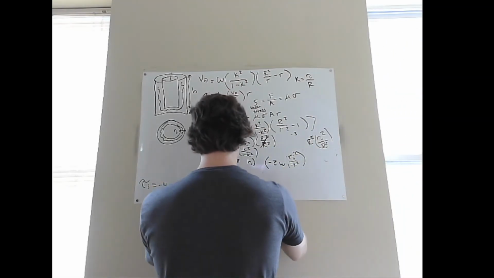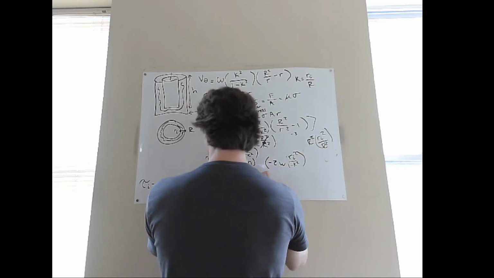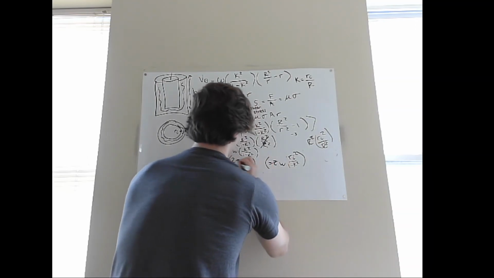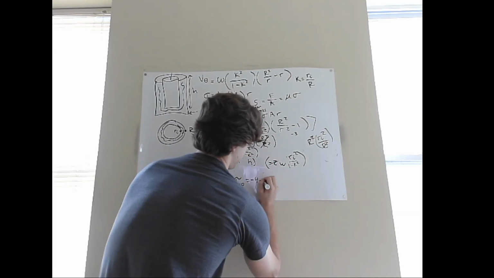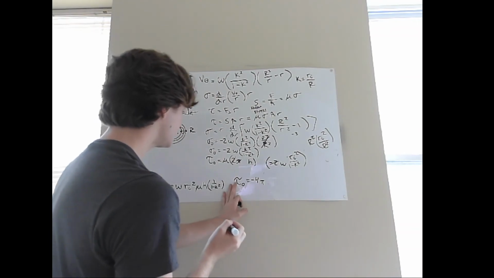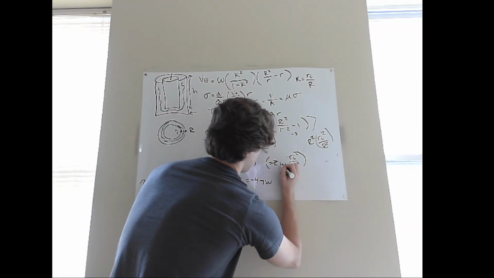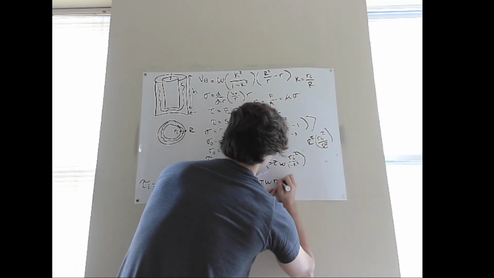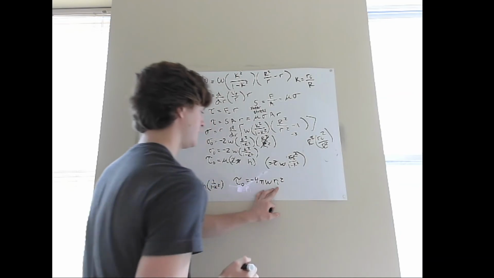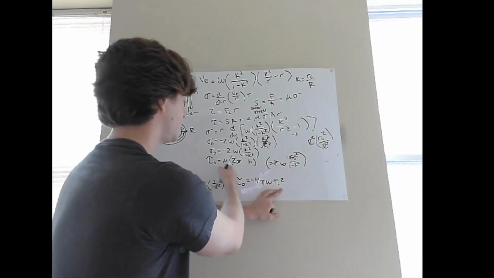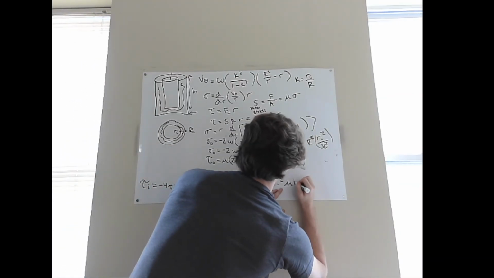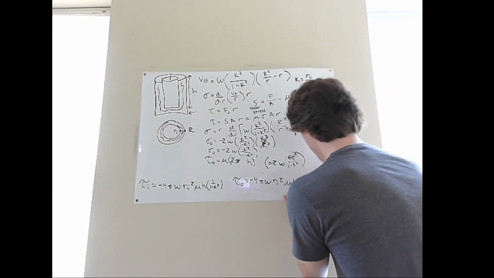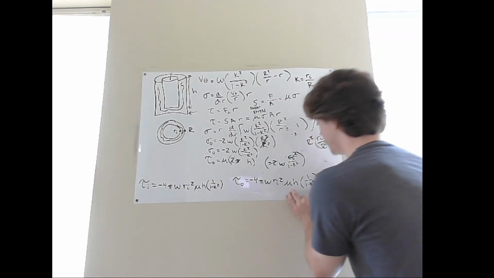So the torque on the outer radius is going to be, again, -2 times 2 is -4 pi times omega times the inner radius squared times our viscosity times the height times we're left with 1 over 1 minus k squared.